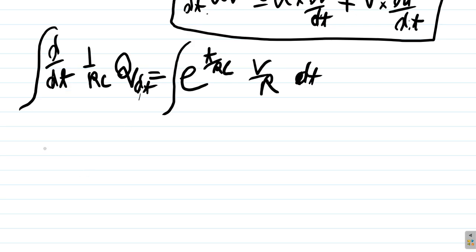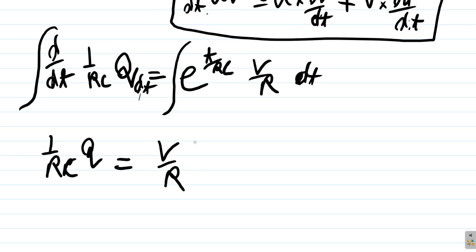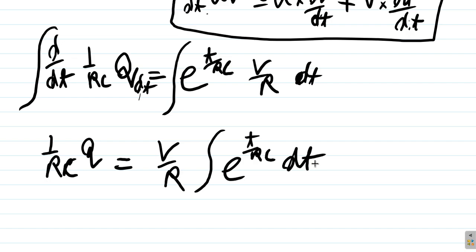leaving what you're differentiating or what you're integrating undisturbed. So what you have is 1 over rc times q is equal to, alright, this could be written as v over r because those are constant, integral of e to the t over rc dt. Alright?